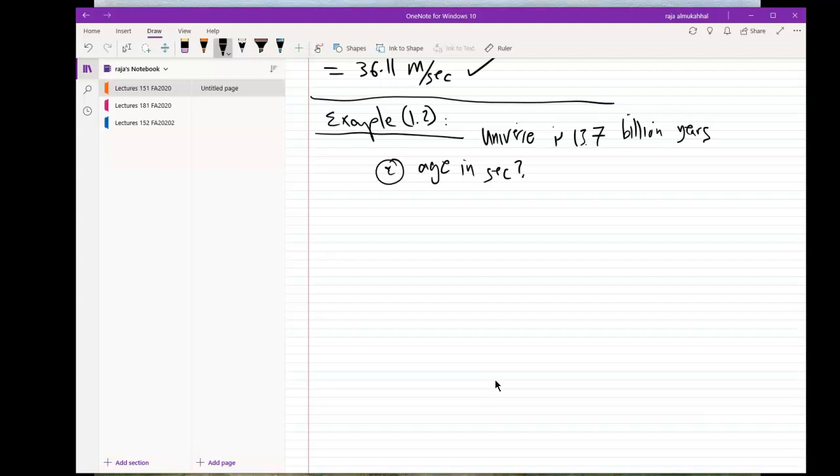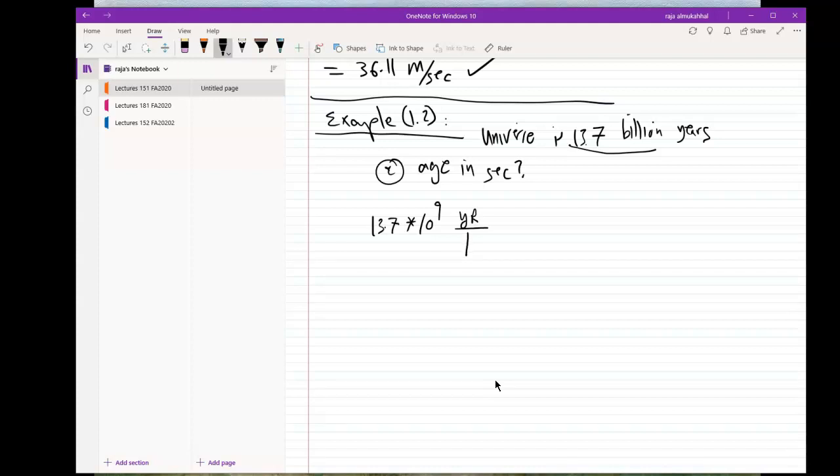Okay, so how do we do that? Well, let me write this figure down in scientific notation, maybe, or in a better way. 13.7 billion. Billion is 10 to the 9, correct? And that's years. I'm going to put it over 1. I like to put it in ratio form.